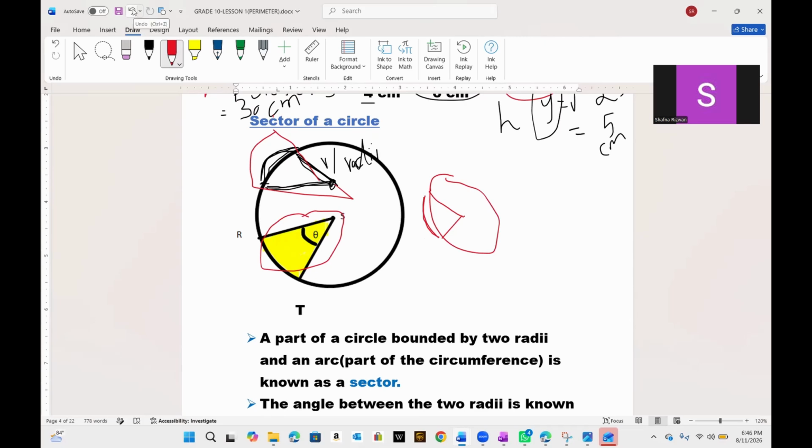Did you all understand? And what is an arc? An arc means the small curve that you have.